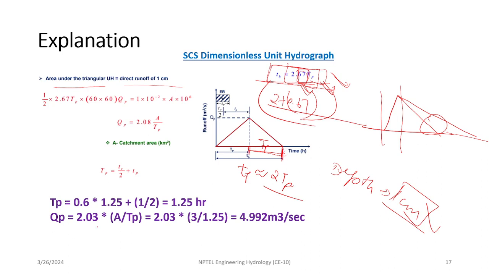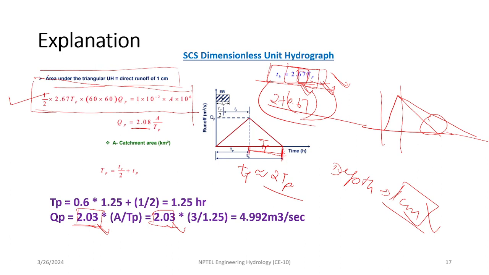TR we have. Don't confuse with this 2.03. You can directly use 2.08. Not an issue, it won't make too much change in the values. This calculation you may have got easily, right?